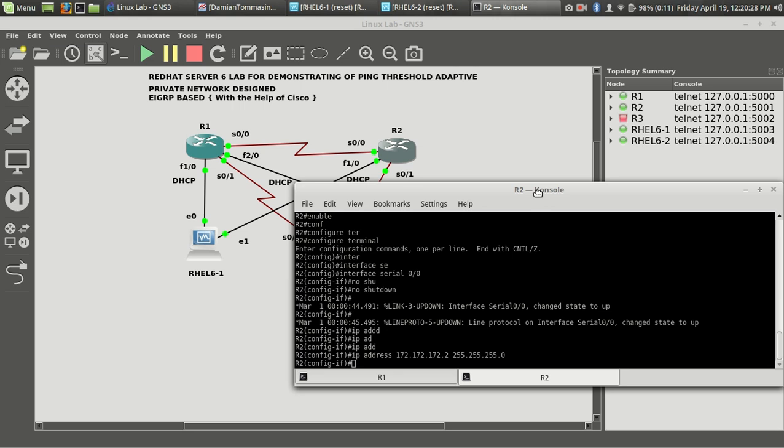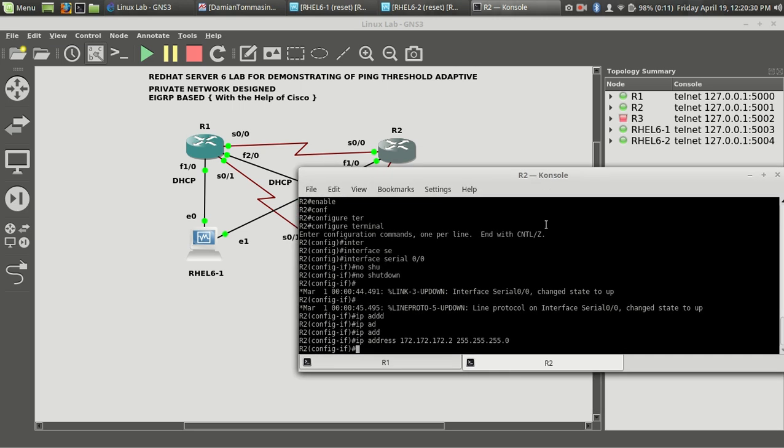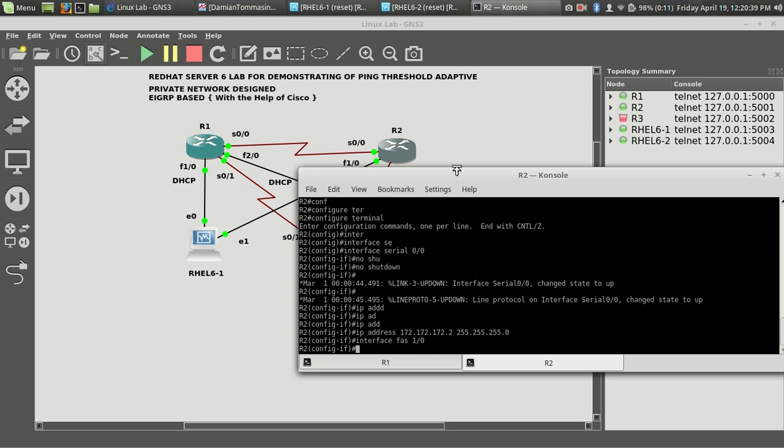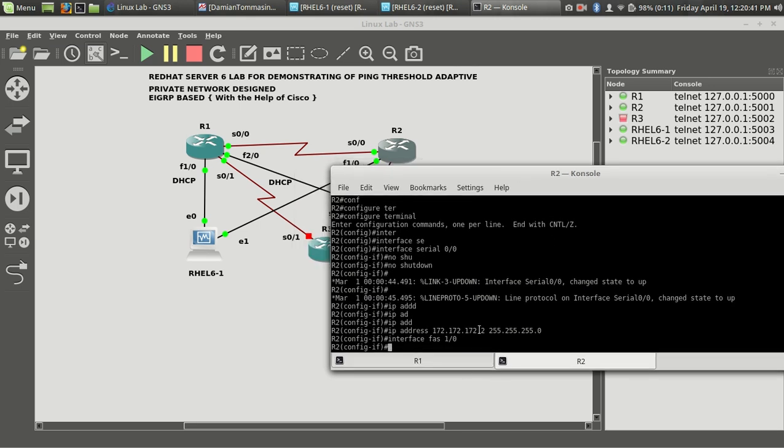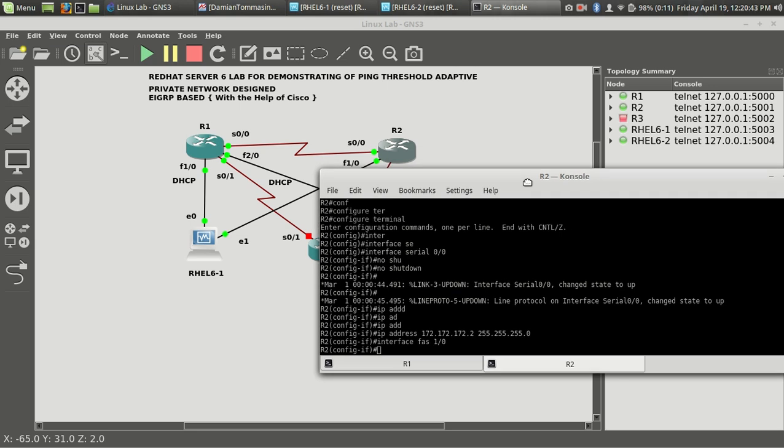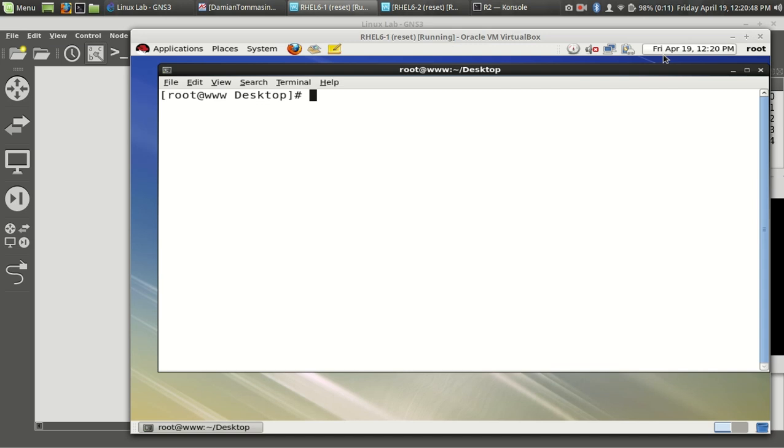My next interface is FastEthernet 1/0. This is the LAN interface. I am assuming this is the LAN interface, and serial means the WAN interface, right?